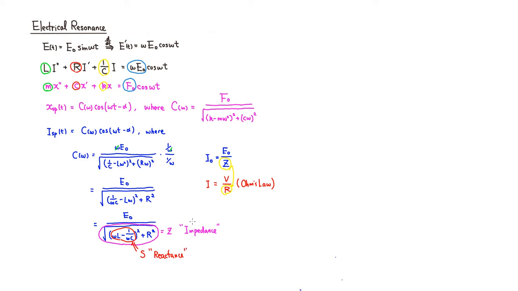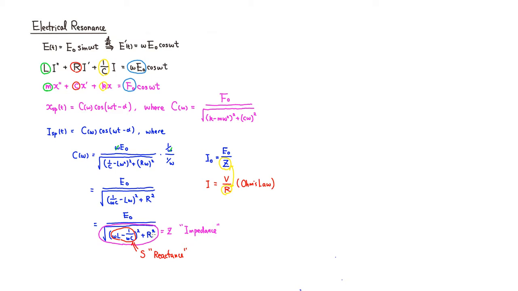Since we know the amplitude of the solution I steady periodic of t, what we want to do is find the frequency omega so that the amplitude is the largest. In this case, it's very easy to make this the largest possible. E0, there's nothing we can do about that, and resistance R is fixed.